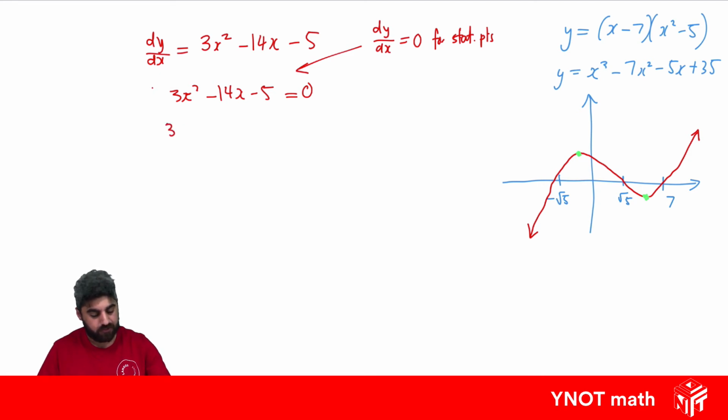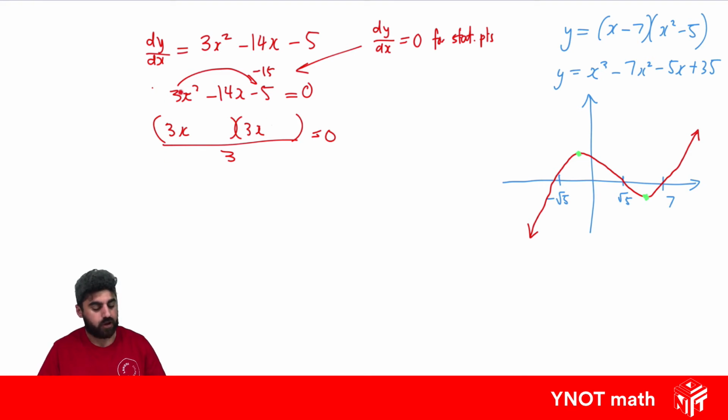So we can factorize this quadratic. We're expecting two answers because we've got a quadratic equation here. This is the way I like to factorize a quadratic. Because it's 3x squared, I write 3x all over 3, and multiply the coefficient of x squared by the constant to give us minus 15.